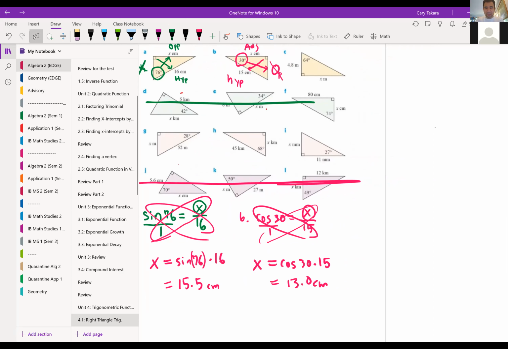Let's work on C. Again, you get x on the top, but that's okay. We have opposite, and there's nothing on the hypotenuse, so hypotenuse is out, and adjacent.